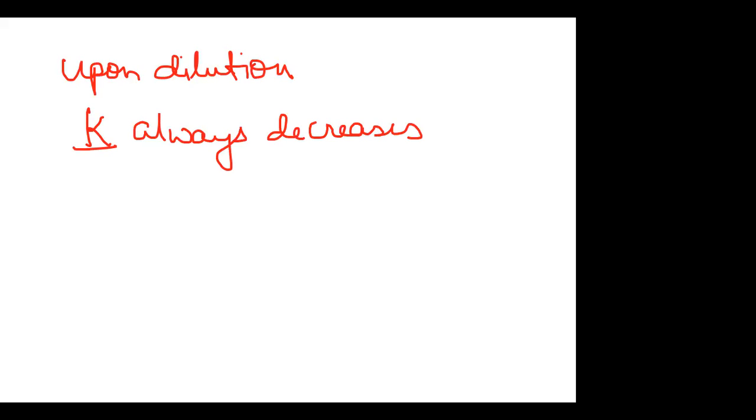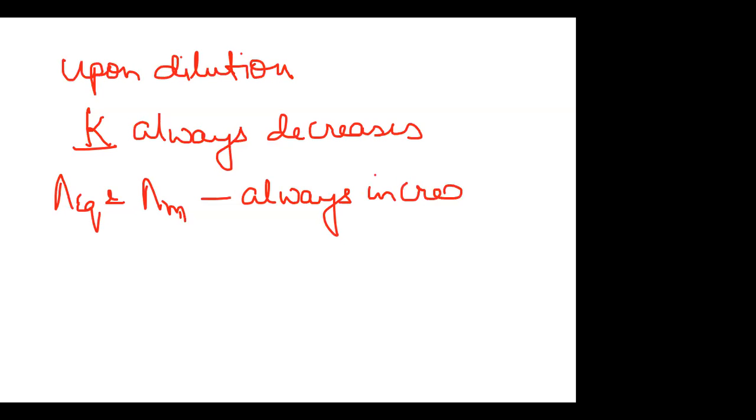But when it comes to equivalent conductance and molar conductance, then they always increase upon dilution. Now, what is the reason for this? That is again another important thing to understand. Remember that electrolytes are of 2 kinds, strong electrolytes and weak electrolytes.